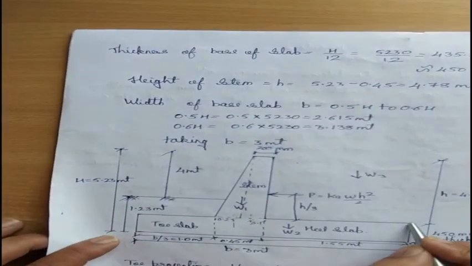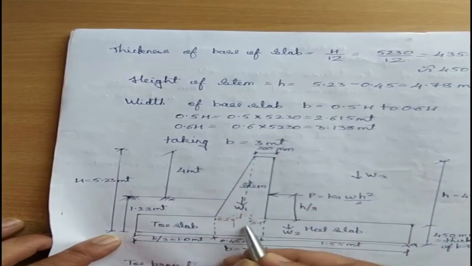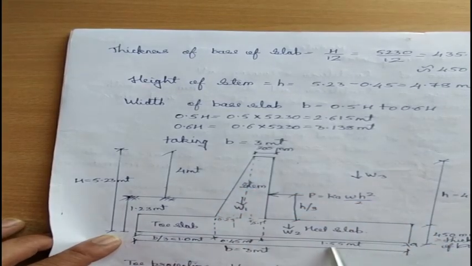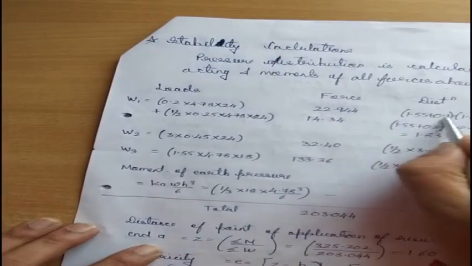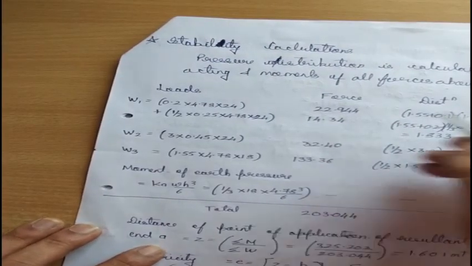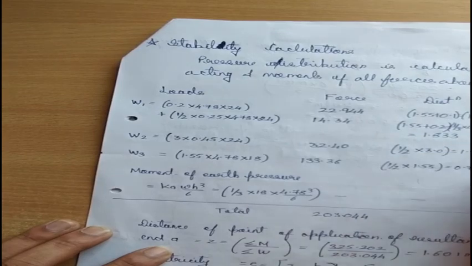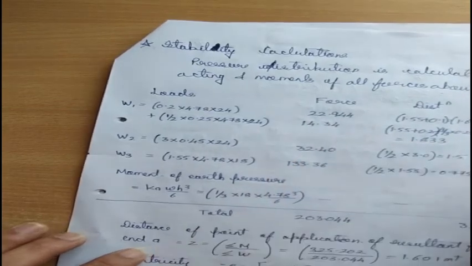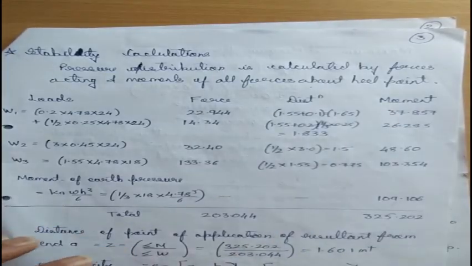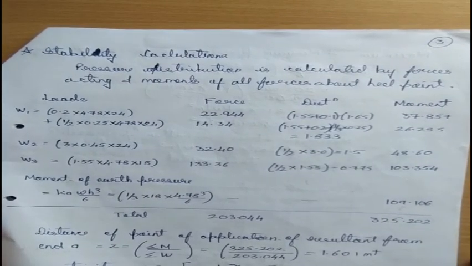The distance is taken from the heel slab, and its CG will act at half, so it will be 0.1 plus 1.55, which is 1.65. Force into distance gives the moment, so 22.944 into 1.65 gives 37.857.